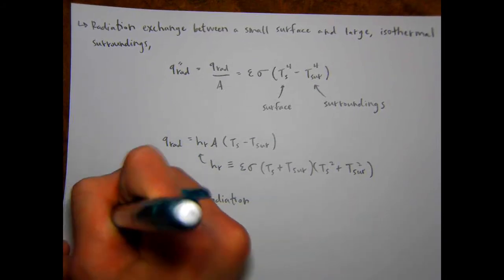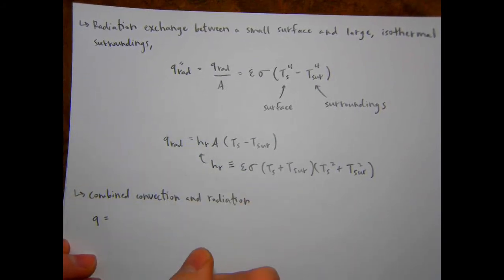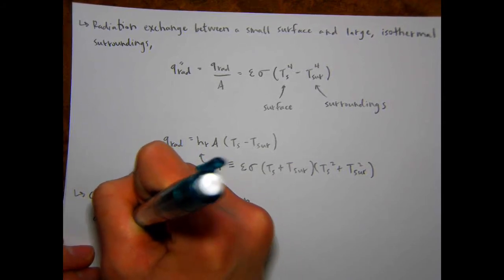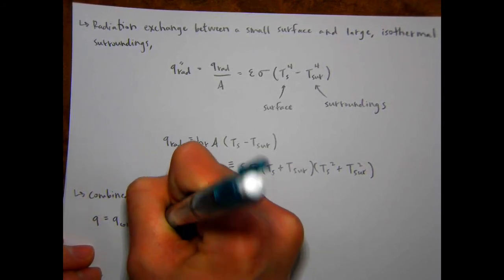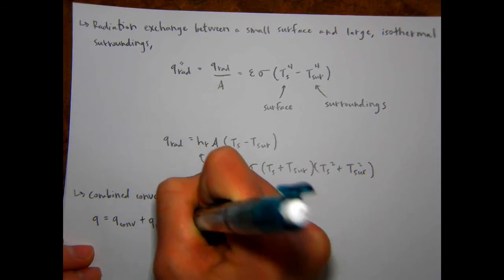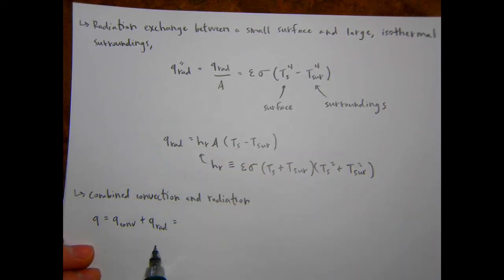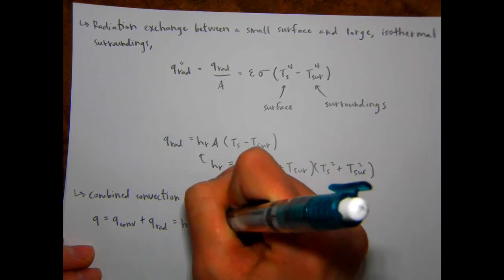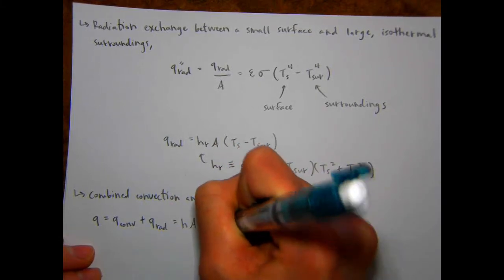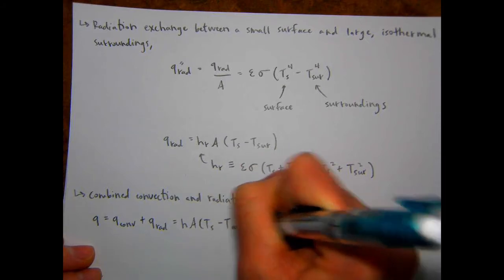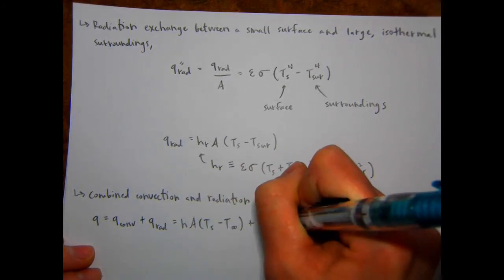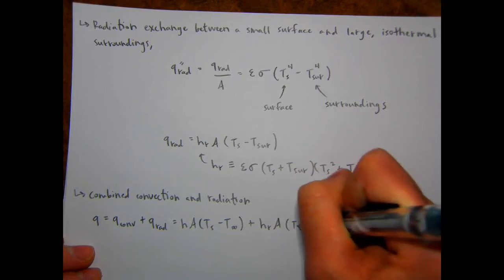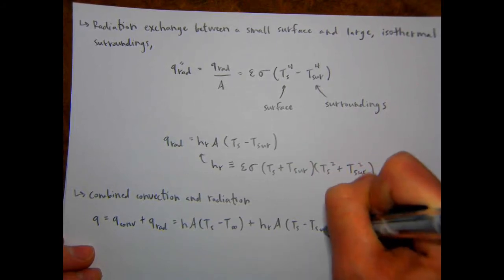So when that occurs, we have this total Q, which is going to be the Q due to convection plus the Q due to radiation. And so that'll equal our convection rate equation, HA times T surface minus T infinity, plus our radiation rate equation, H sub R times A times T surface minus T surroundings.